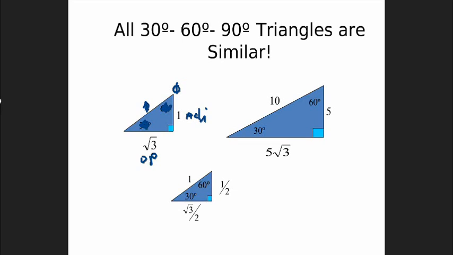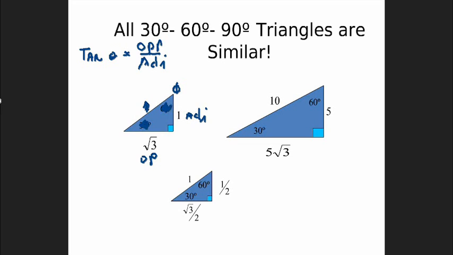Well, now I'm still using the same thing because I have an opposite and an adjacent. I'm going to be using the tangent of the angle is equal to the opposite over the adjacent. TOA. But now it's going to be opposite over adjacent.